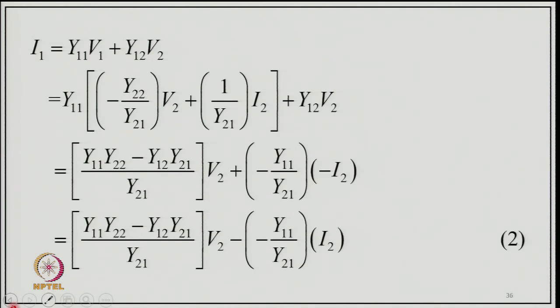So here it will be Y11 in bracket minus Y22/Y21 into V2 plus 1/Y21 I2 plus Y12 V2, and that is equal to (Y11 Y22 minus Y12 Y21)/Y21 into V2 plus minus Y11/Y21 into minus I2.